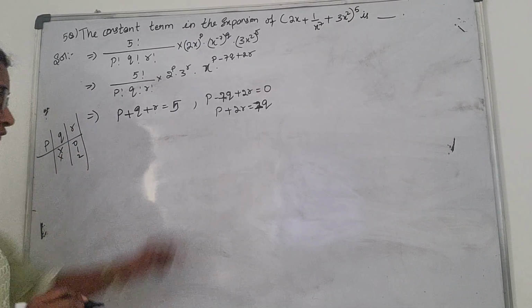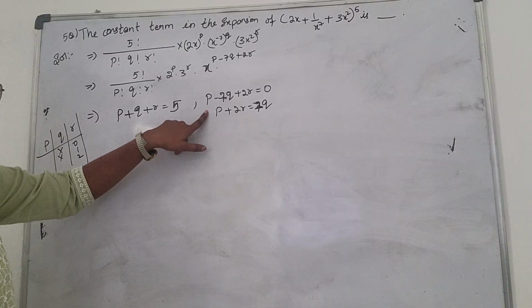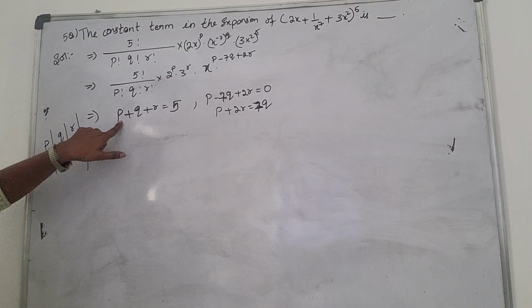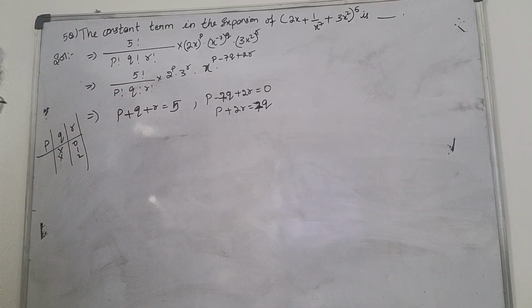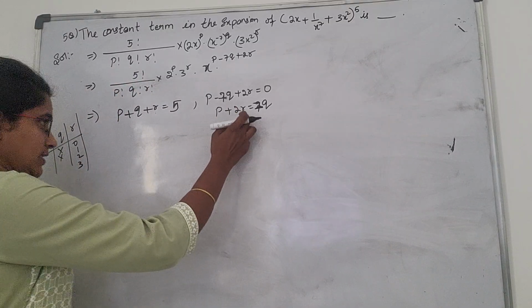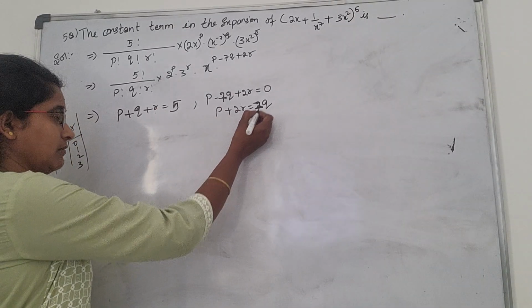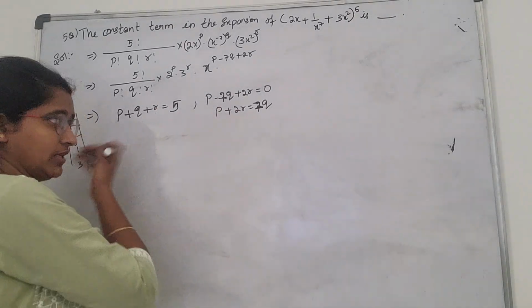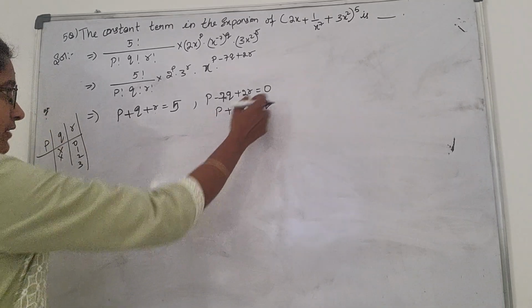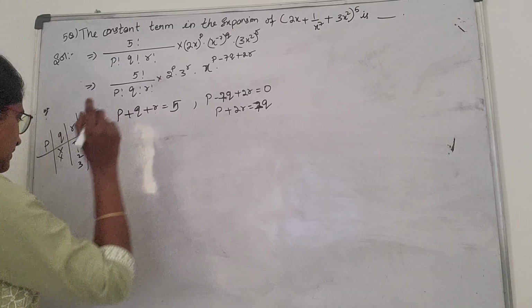If I keep r as 2, then 4 plus 3 is 7, but 3 plus 2 is only 5 here. Then if I keep r as 3, 2 threes are 6, and with 1 it will be 7, which I can divide. So q becomes 1, and here I'll check 3 plus 1 is correct.